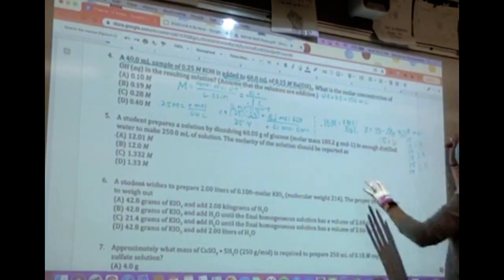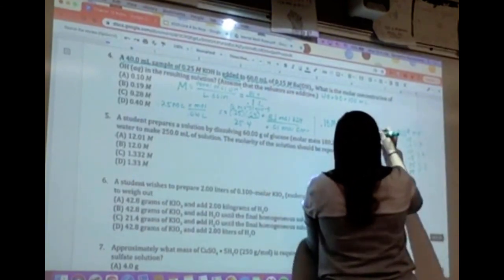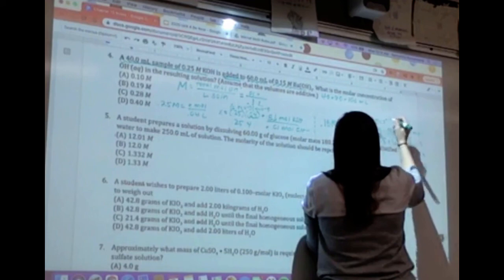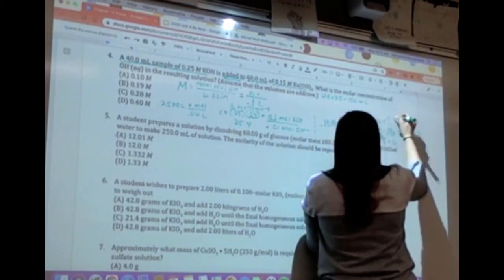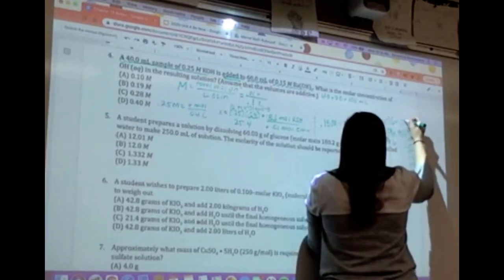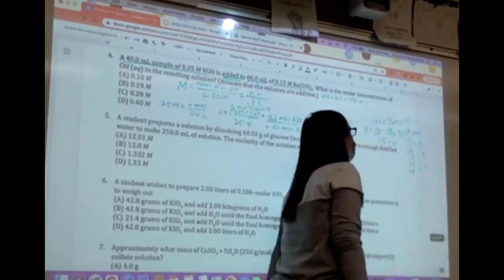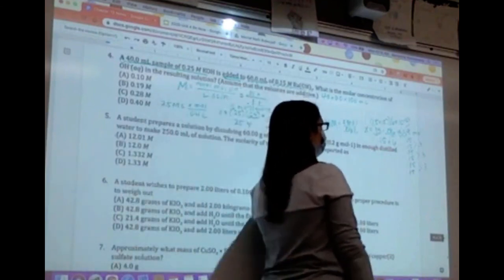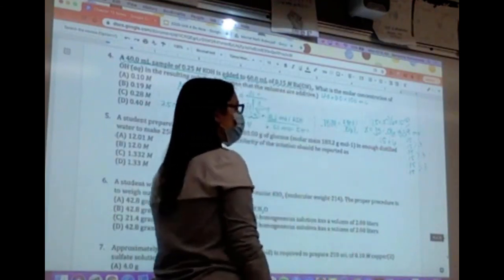Again, if it's easier for you, you can do this in scientific notation: 1.5 times 10 to the negative first times 6 times 10 to the negative second. 1.5 times 6 is 9.